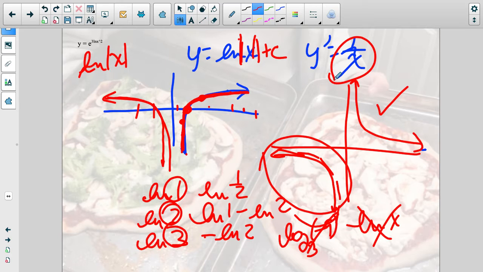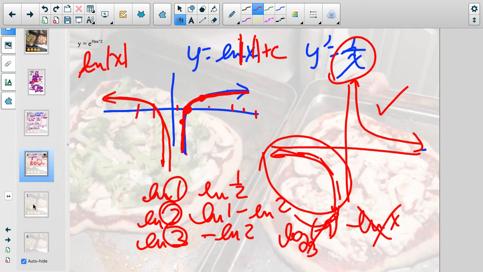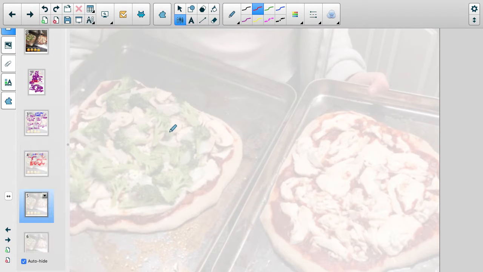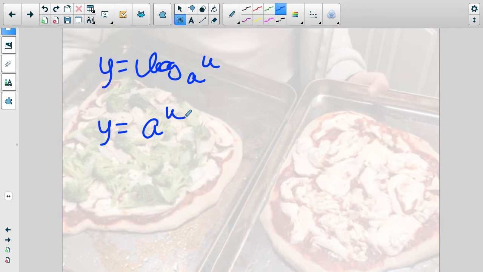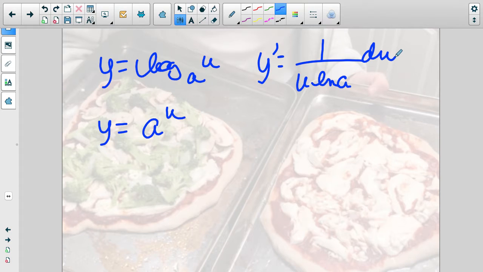Okay? All right, now let's go back to this important slide. In fact, let's make a new slide for this. These are facts that you need to know and that you need to start practicing. If you have y equals the logarithm of u to the base a, and y equals a to the u, an exponent or a logarithm, to take the derivative of the logarithm, you say 1 over ln of the base, times the derivative of the expression.